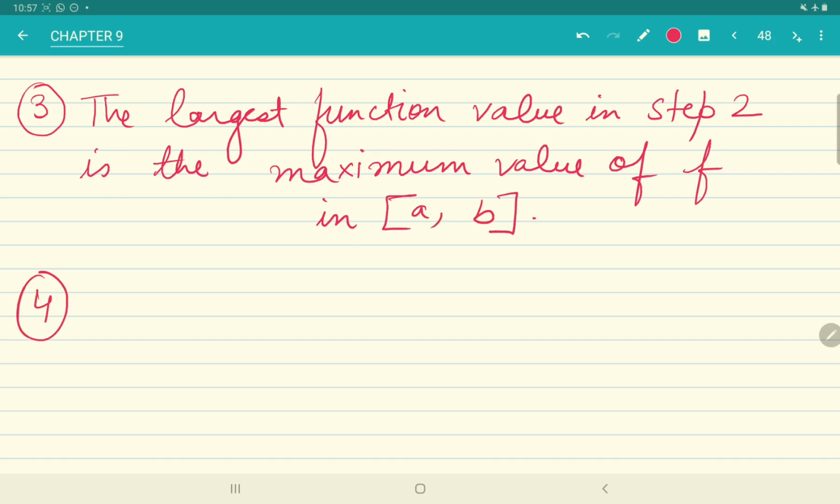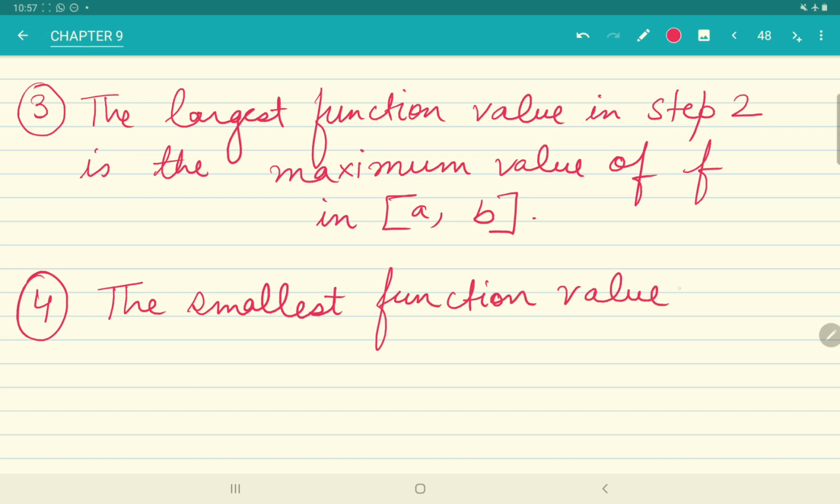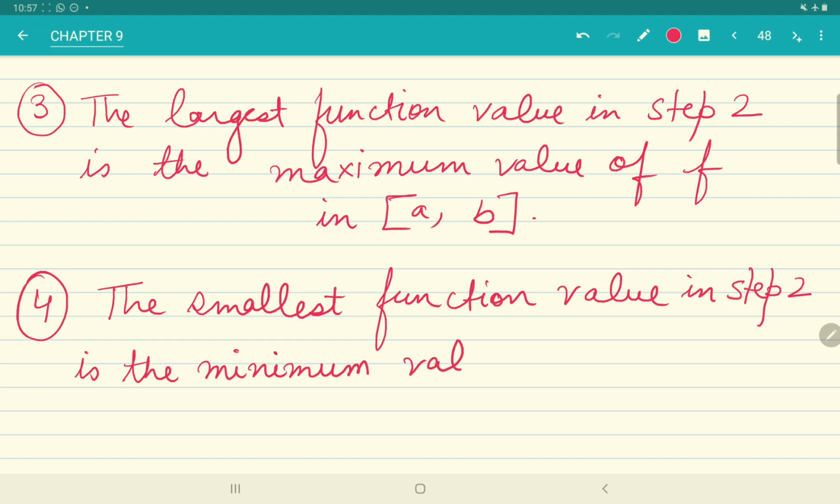And the fourth point to note is that the smallest function value in step 2 is the minimum value of f in AB.